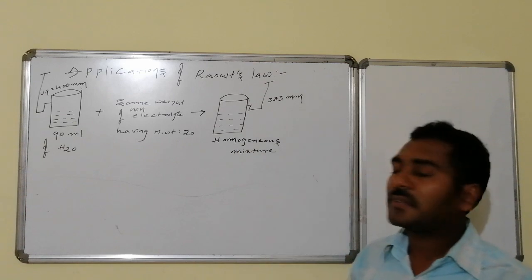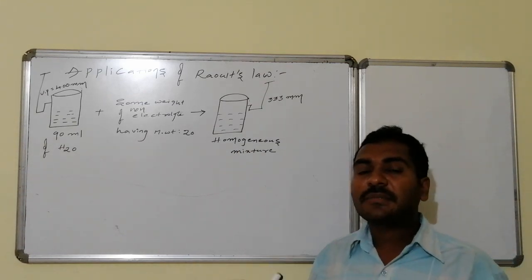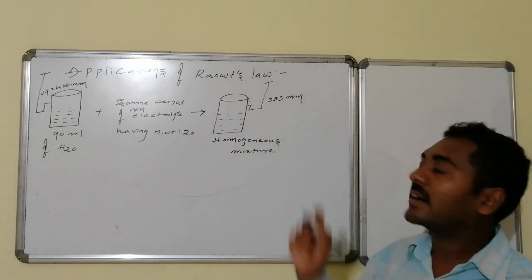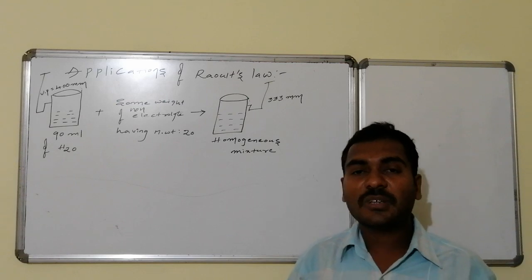As a result, it is converted into a homogeneous mixture, and that homogeneous mixture has a current vapor pressure which is lesser than the vapor pressure of the pure solvent.